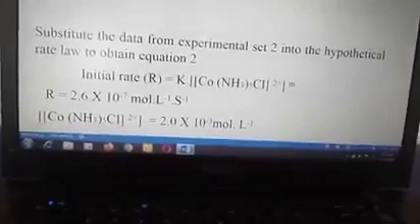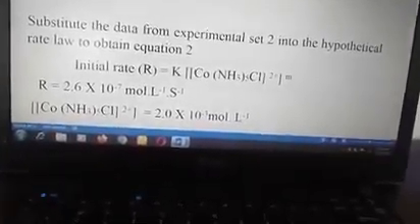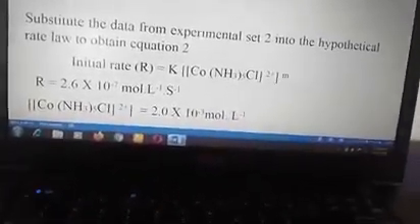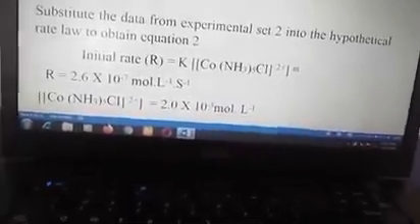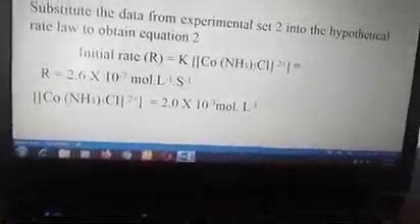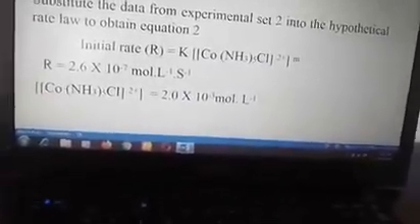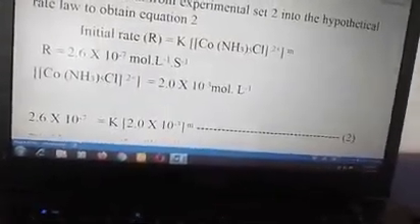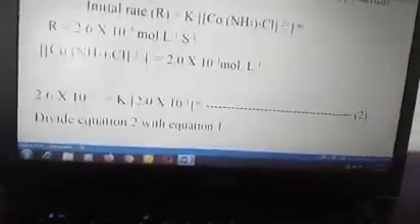You see the hypothetical rate law, initial rate equal to K multiplied by cobalt complex raised to power M. Initial rate is 2.6 × 10^-7, and the cobalt concentration is 2.0 × 10^-3. So we replace R with the rate, 2.6 × 10^-7, and replace the cobalt concentration with 2.0 × 10^-3. We will have equation 2.